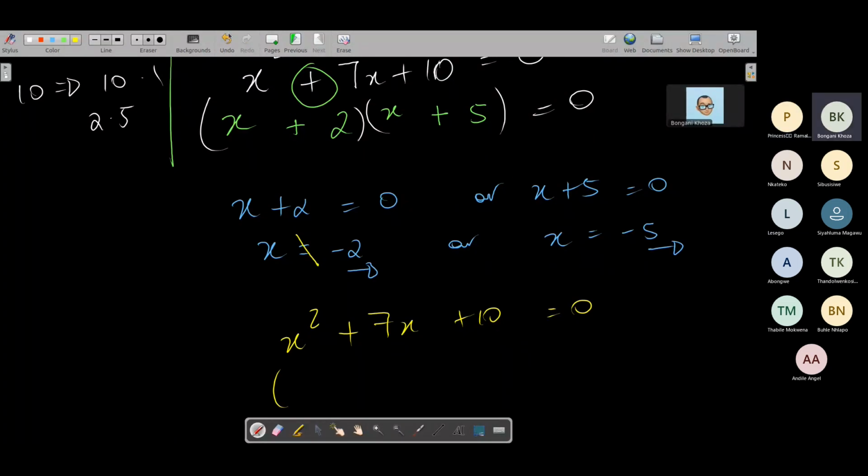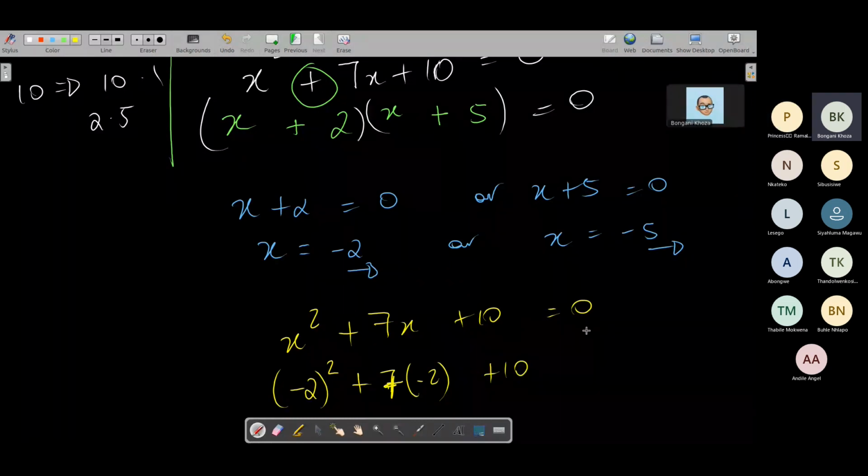So you have to make sure that you check your solution every time after finding values like this. So you sit down and then you check. This will be -2 all squared, plus 7 times -2. Make sure that you plug it in inside brackets, plus 10.